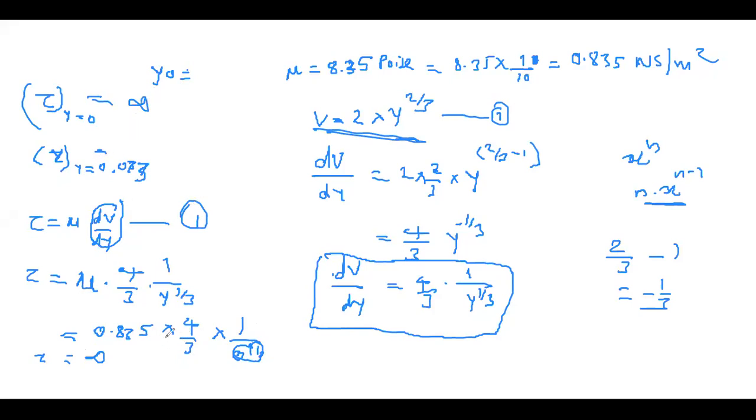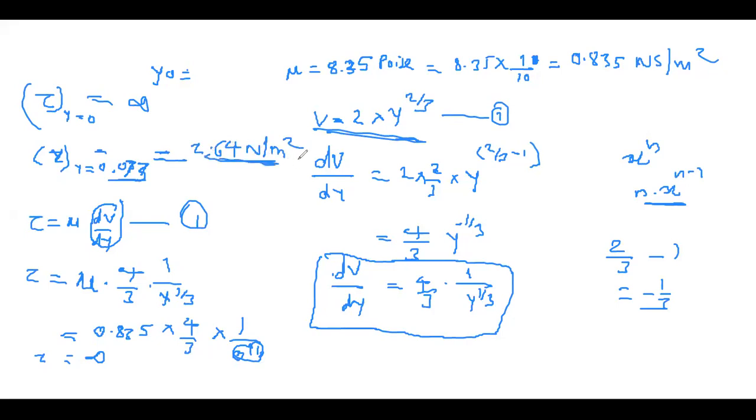Second, what do you put in place of y? 0.073. Put this value instead of y, 0.073, and find out the answer. Tell me the answer. 2.64, and the unit is Newton per meter square.